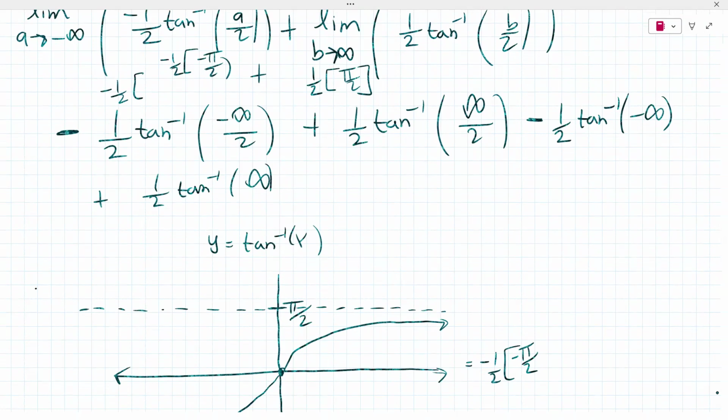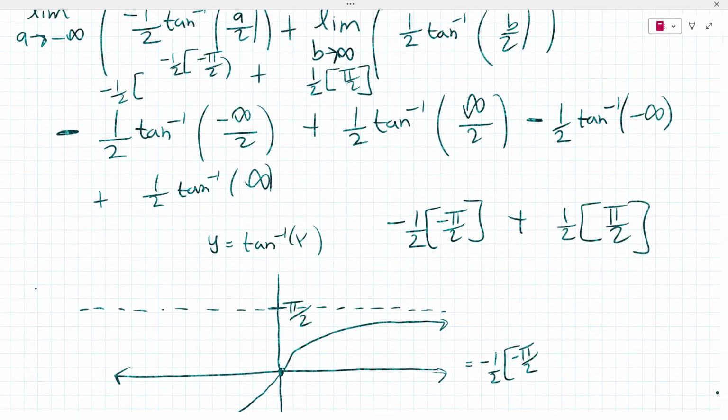So really, you're just left with negative 1/2 times negative pi over 2 plus 1/2 times positive pi over 2.